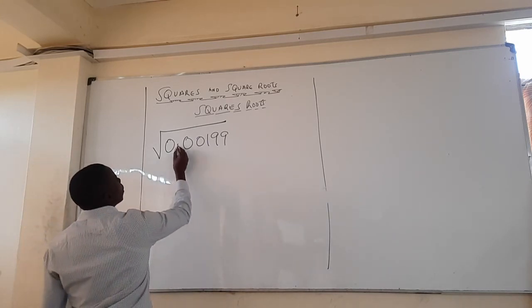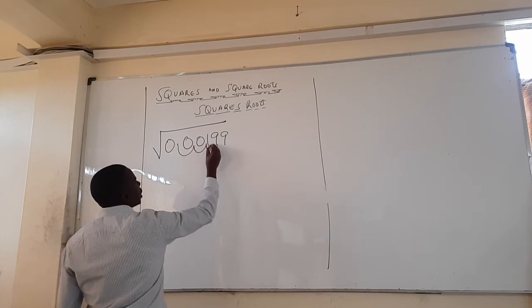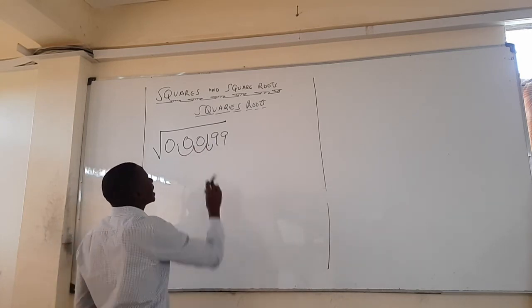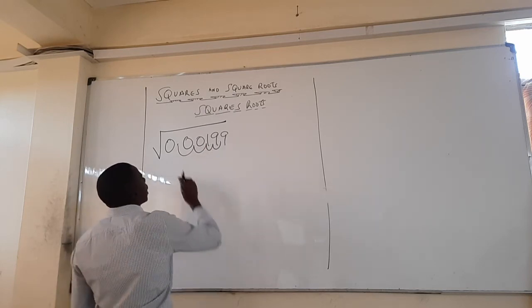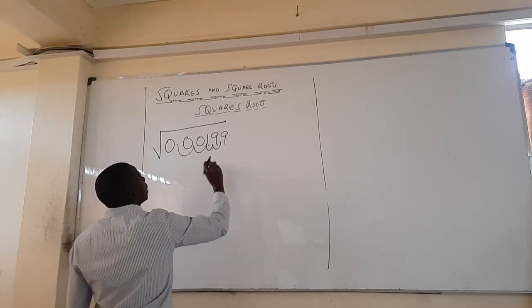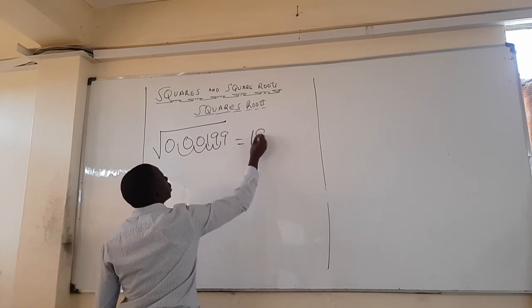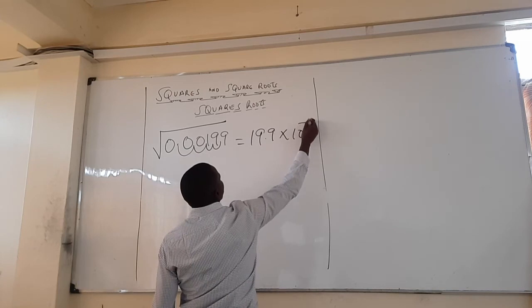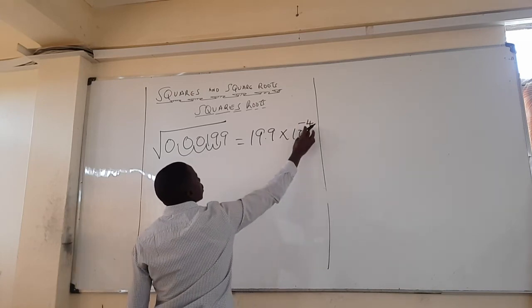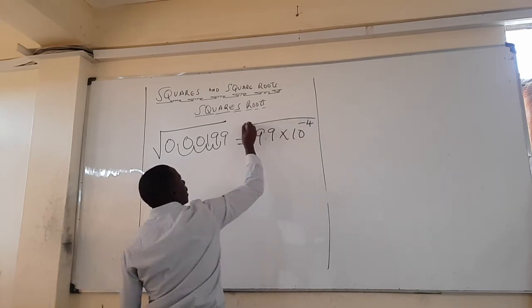So here you have 1, 2, 3. We don't stop there because 3 is not an even number. So we go to the fourth one, 1, 2, 3, 4. So I get 19.9 times 10 power negative 4. We said the power should be an even number there.